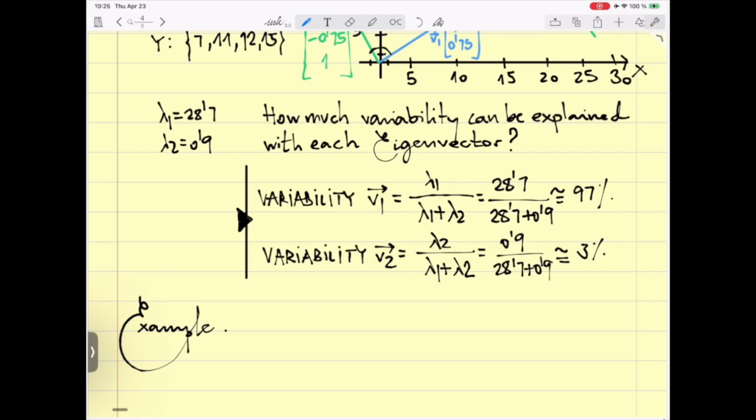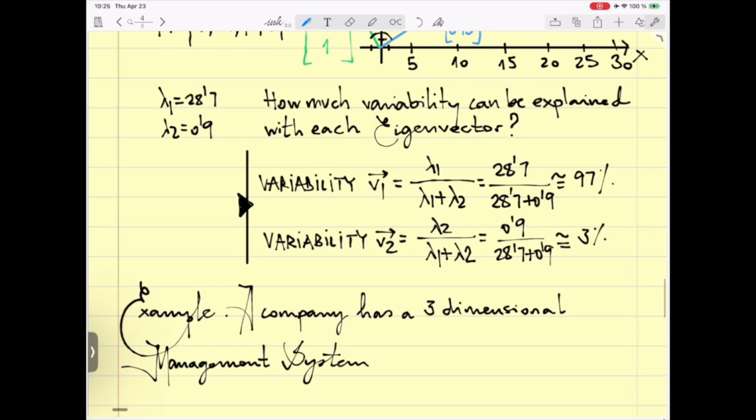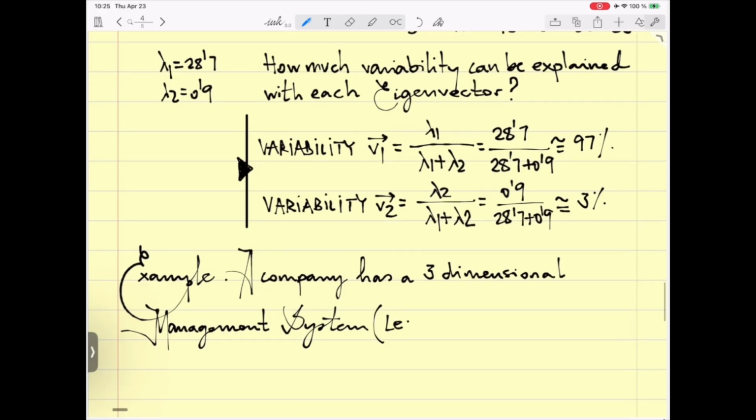A company has a 3-dimensional management system with lead time, cost, and quality.